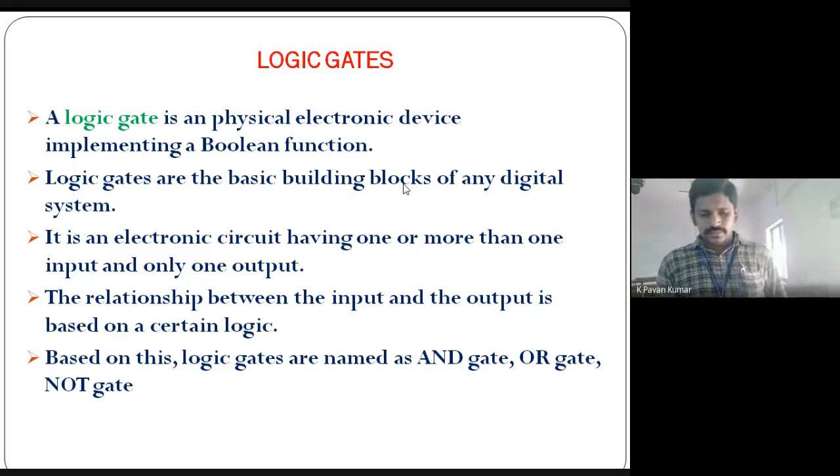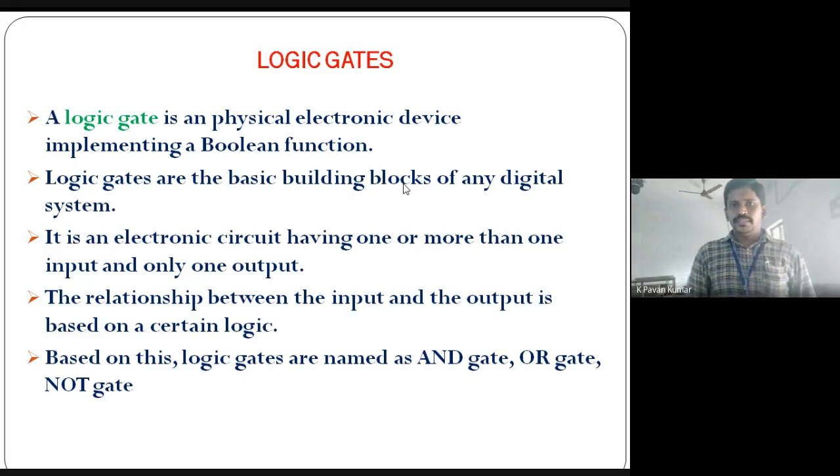The basic digital circuit or logic gate has only one output but two or more inputs. The relationship between input and output is based on a certain logic. The logic depends upon the combination of inputs and which type of logic we use.